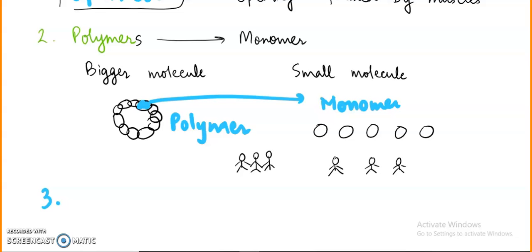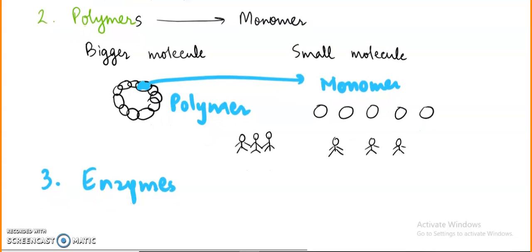Another thing you should know is what enzymes are. Enzymes, in short, are proteinous molecules. When I say proteinous, I mean they are made up of proteins.